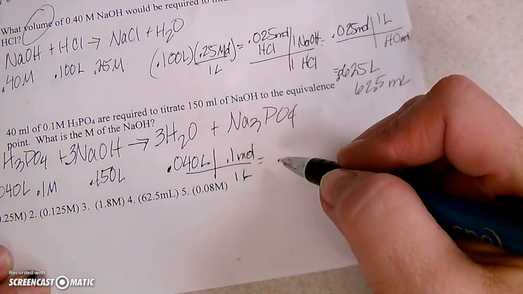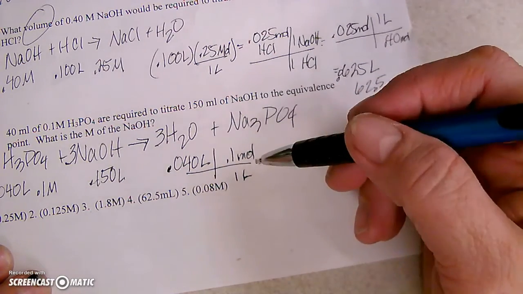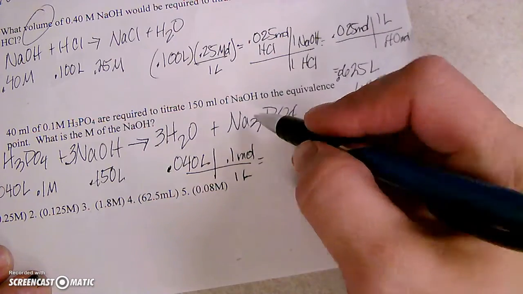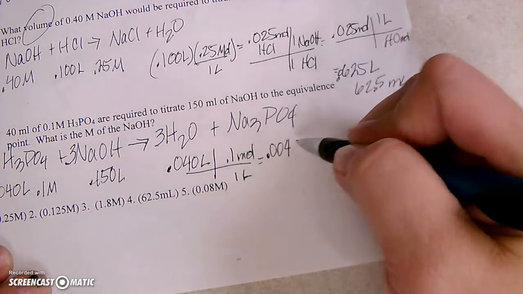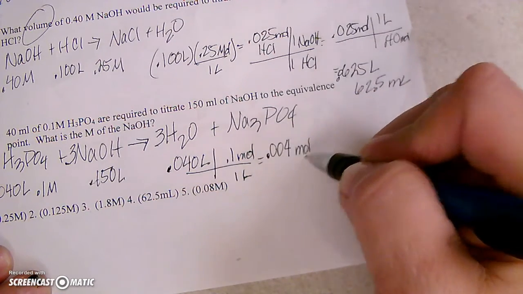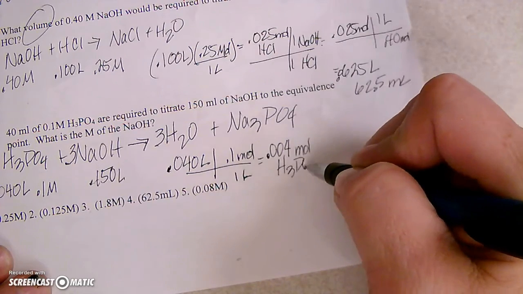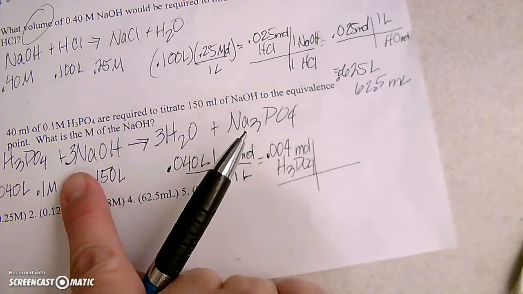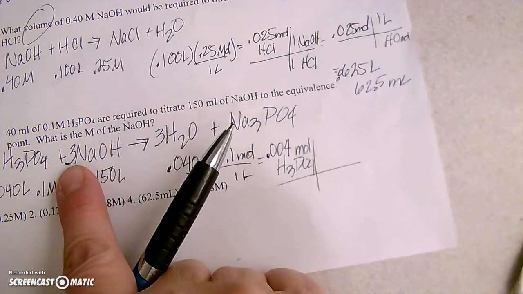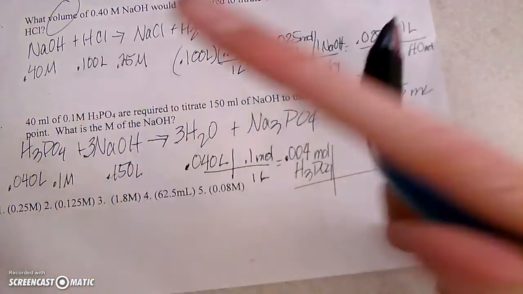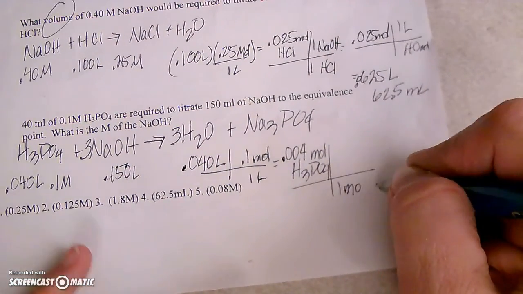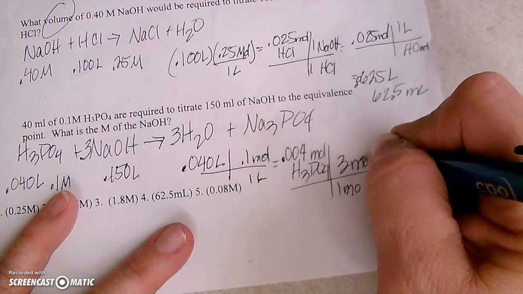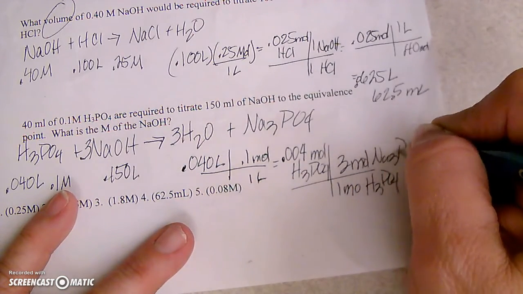That means the phosphoric acid, if we multiply 0.04 liters times 0.1 molarity, we get 0.004 moles of phosphoric acid. What's our ratio of phosphoric acid and sodium hydroxide? 1 to 3. 1 mole H3PO4, 3 moles Na3PO4.